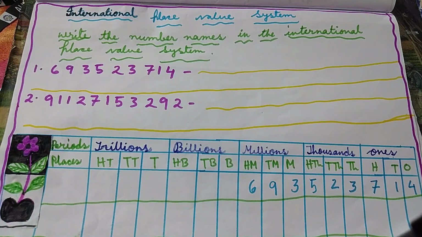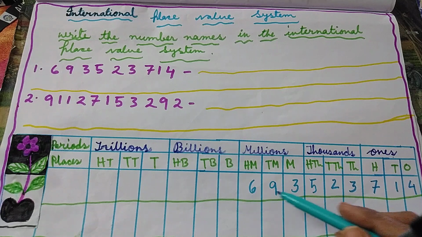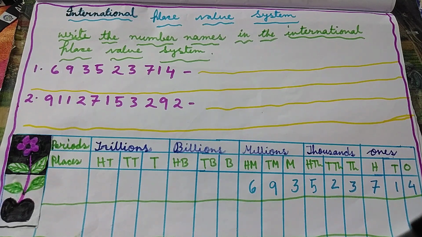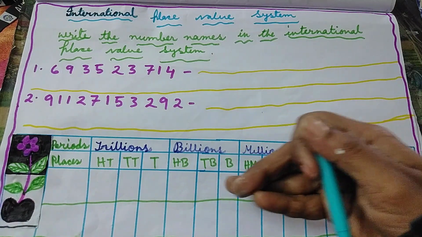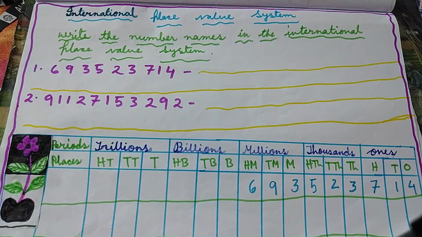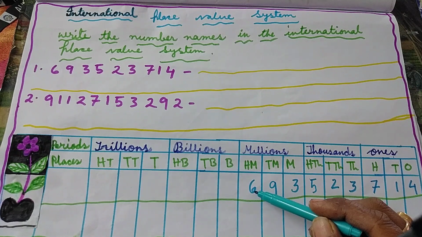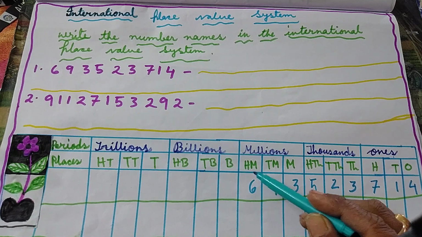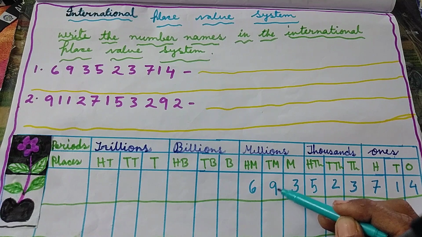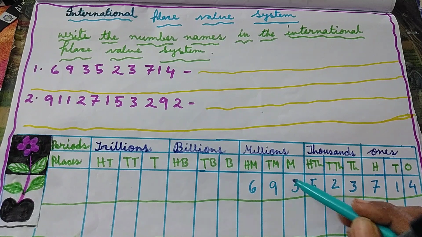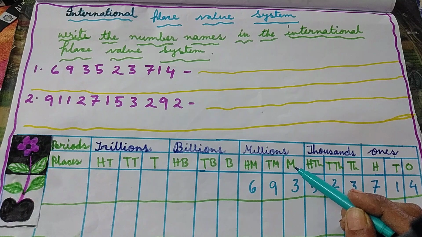Okay. Now say children, we have to write this number in words. How? See, start from your left side. The first digit is 6. Okay, 6 belongs to 100 millions place. 9 belongs to 10 millions place. 3 belongs to millions place.